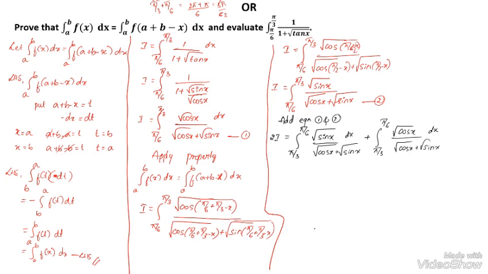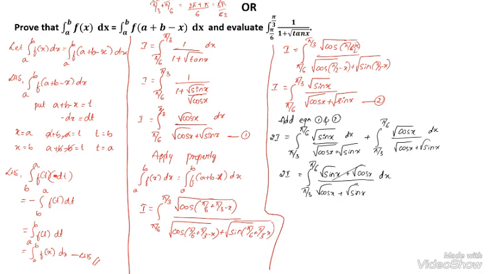Both denominators are the same, that's why I can write it once: root of cos x plus root of sin x. Denominators are the same, so the numerators have to be added: root of sin x plus root of cos x, dx.